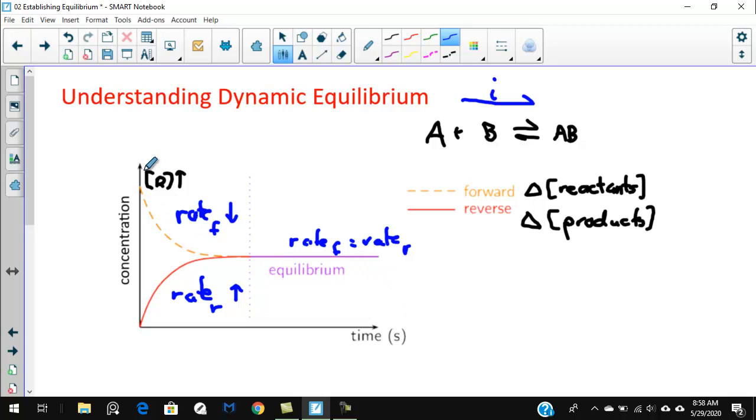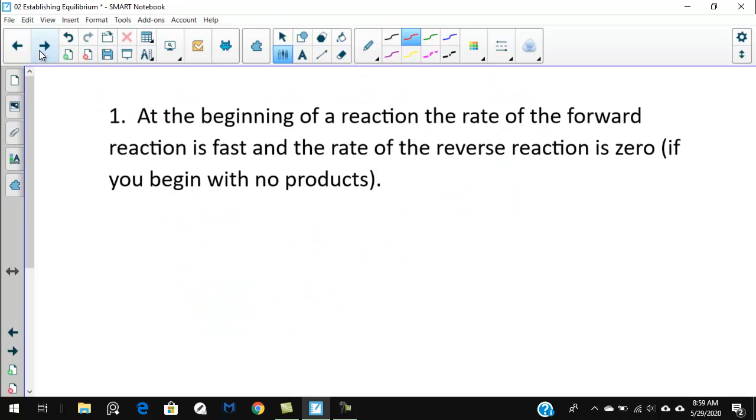So we can explain equilibrium by using rates. We slow or speed up reaction rates depending on which way this reaction is moving. At the beginning, it's moving from left to right, and at the very beginning the reverse reaction is fairly slow. But as we move through time and we get to equilibrium, the forward and reverse reactions become equal to each other. Okay.